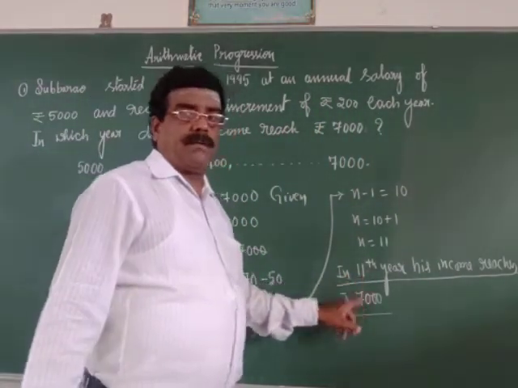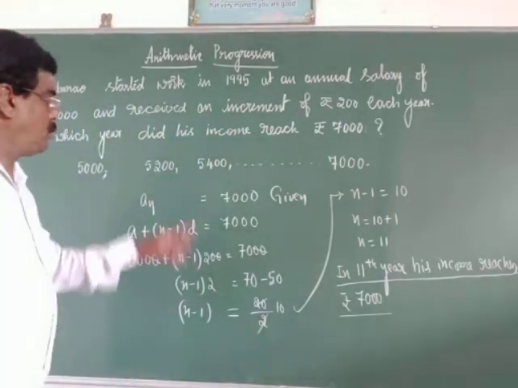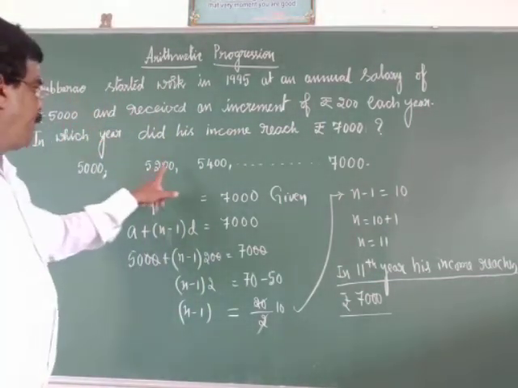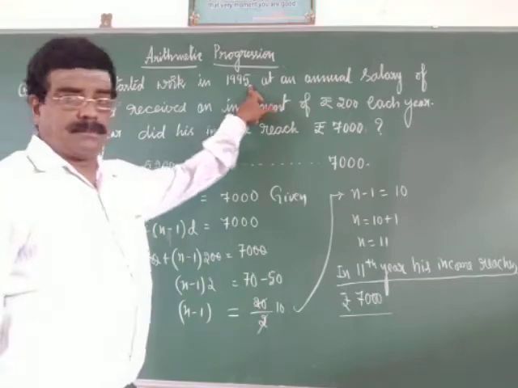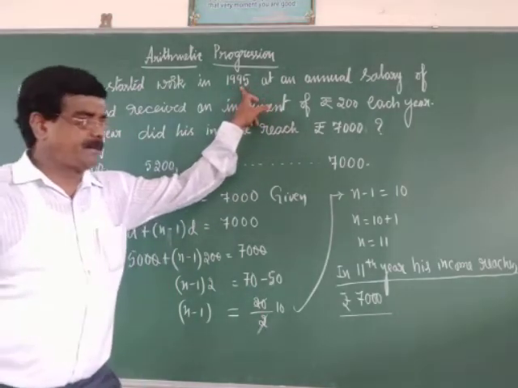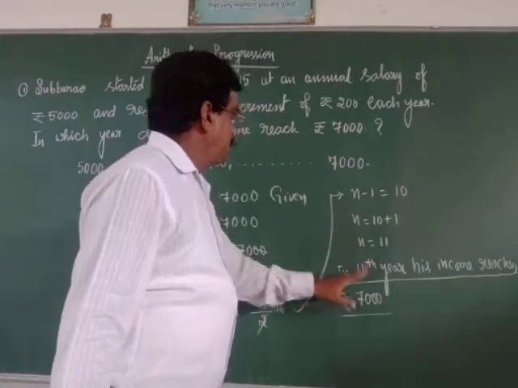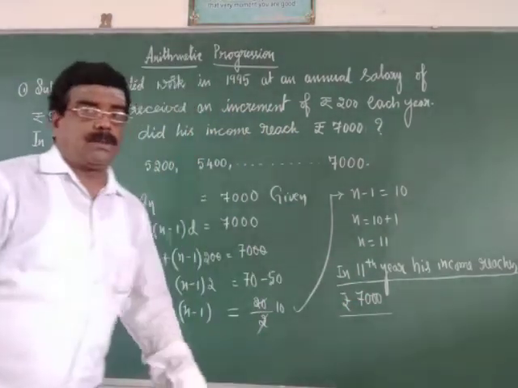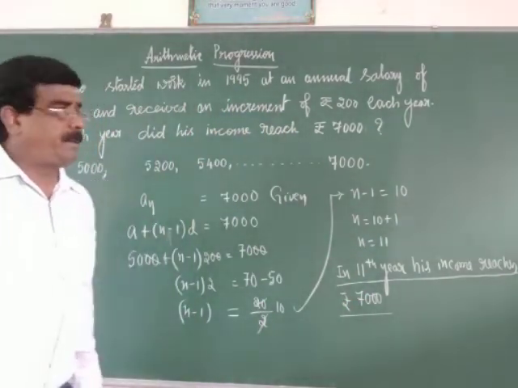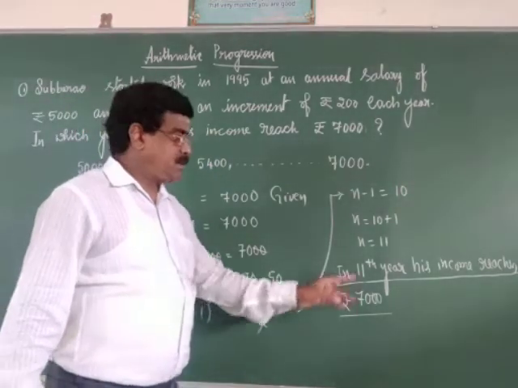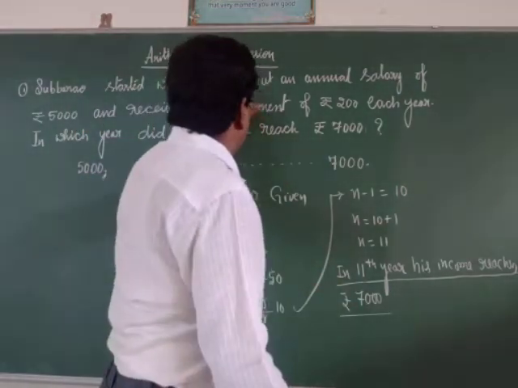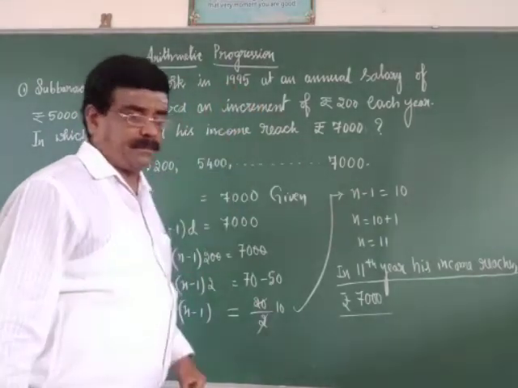Or if you want to find out the 11th year, you should know that the starting year is 1995. So if you add 11 to that, you will be getting 2006. But be careful, the answer is 2005 because we include 1995.